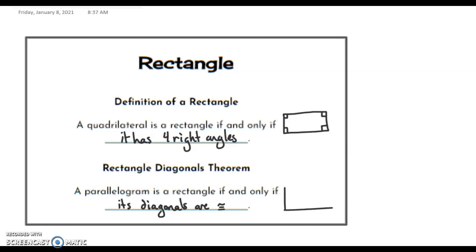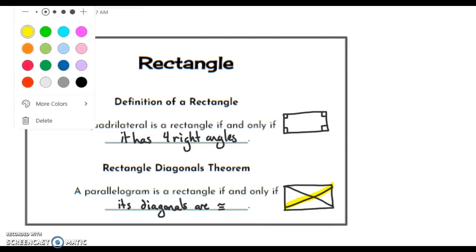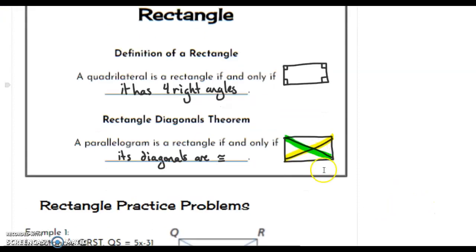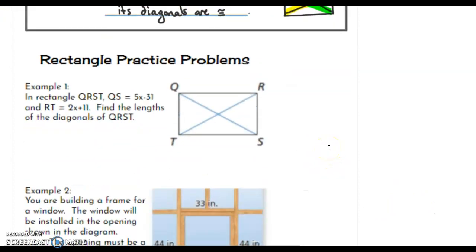But what they're saying here is that if you have a rectangle and you draw in the diagonals, then this diagonal right here is going to be the same length as this diagonal, like the whole distance of the diagonal. It's not talking about bisecting or cutting it or anything. It's just saying that, hey, these two diagonals are congruent. All right, so pretty easy facts about a rectangle. Let's go apply them to some problems.